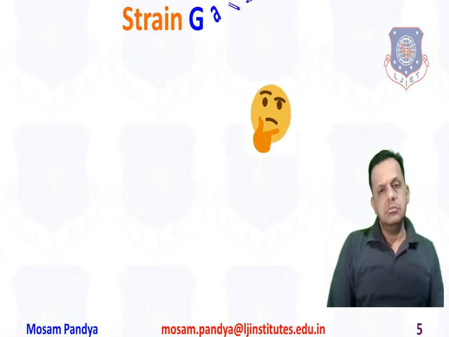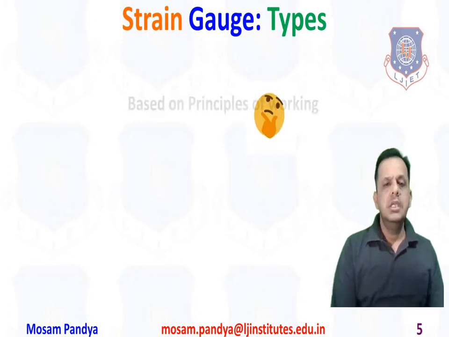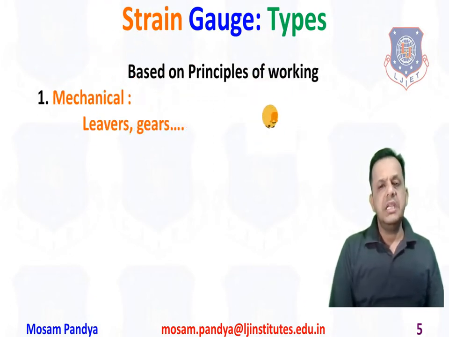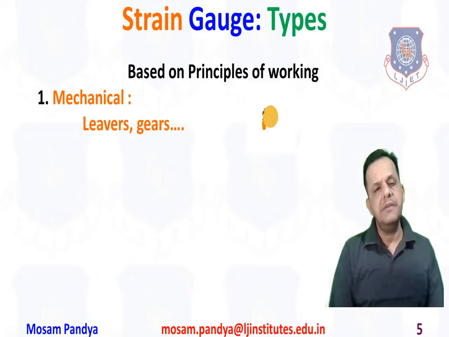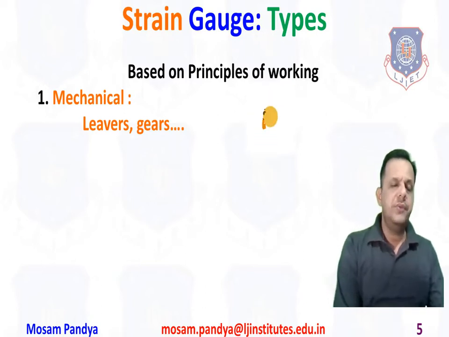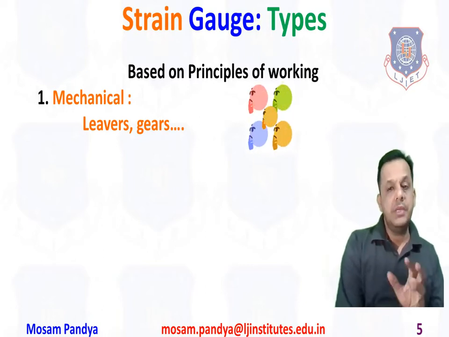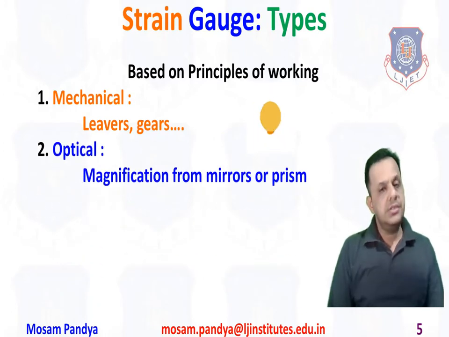So basically what are the types? Let us see. That is mechanical type of strain gauge. Basically levers and gears will be utilized to reflect the change in the length or displacement due to application of the stress and strain.